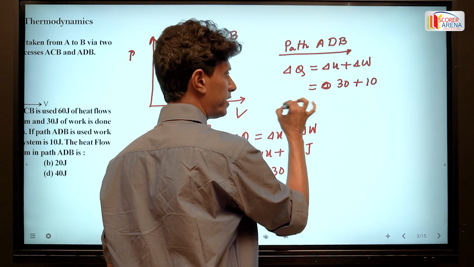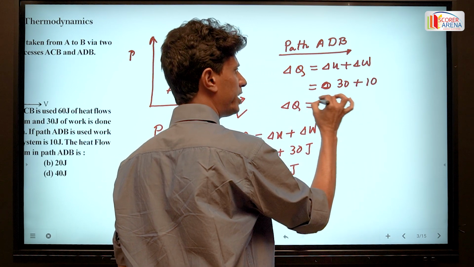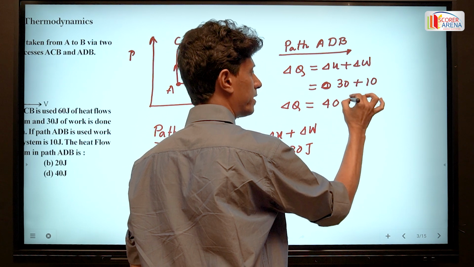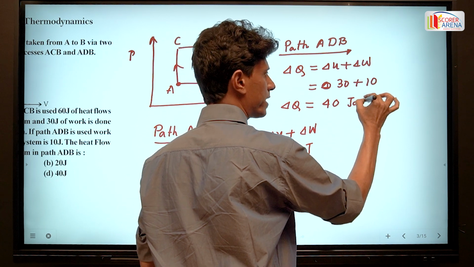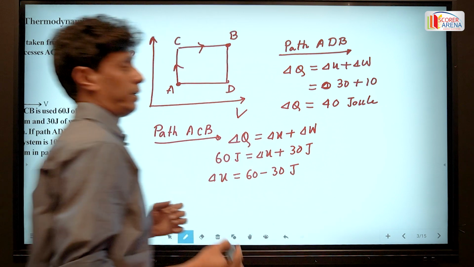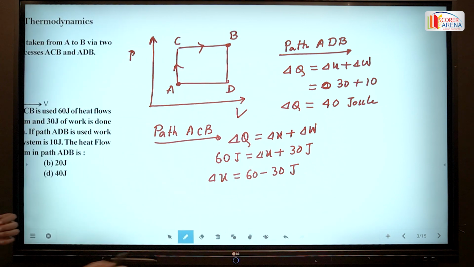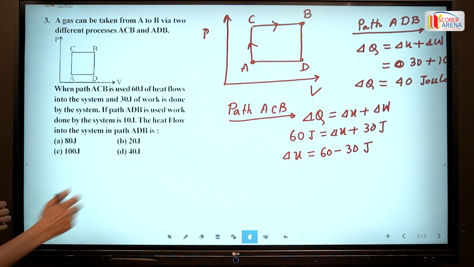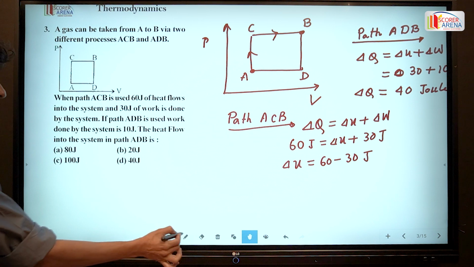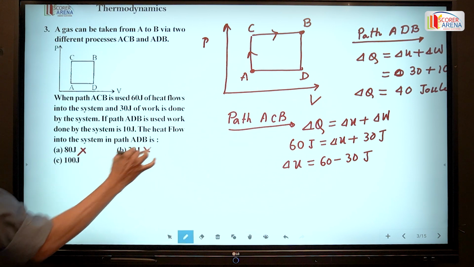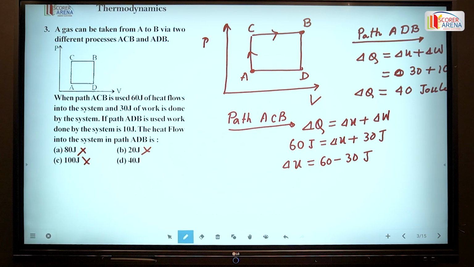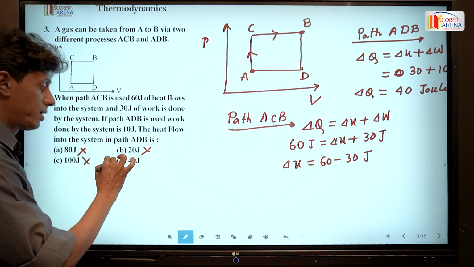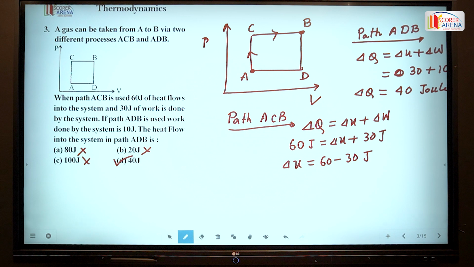So in this process through path ADB, the total heat supplied to the gas is 40 joules. The options 80 joule, 20 joule and 100 joule are all incorrect. So the right option is 40 joule.